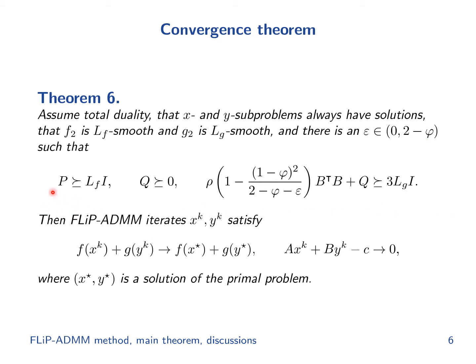To clarify, this inequality means that P minus Lf times identity is symmetric positive semi-definite, and this matrix minus 3Lg times identity is symmetric positive semi-definite. And we will look at these conditions next.